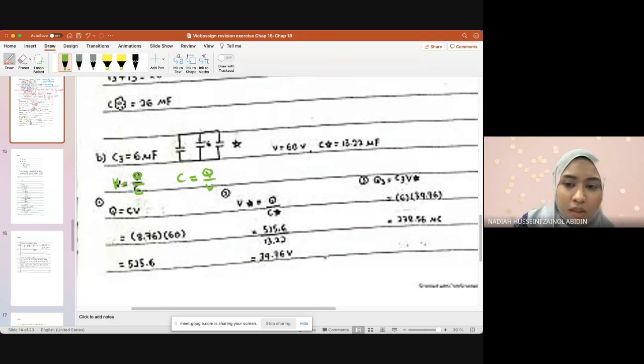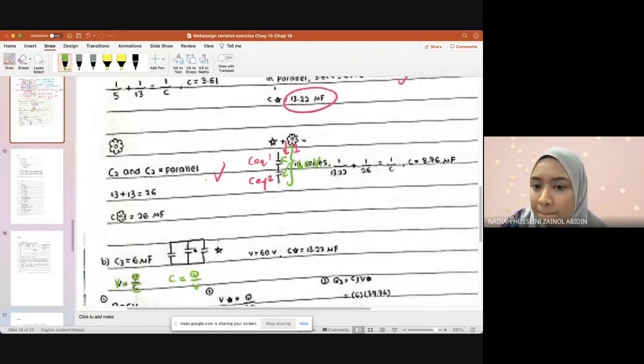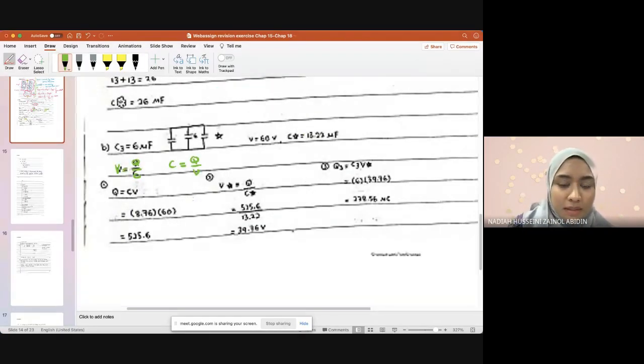So C is 8.76. Where did Azmina get the 8.76 times 60? Where is 8.76 from? Oh, it's over here. Oh, the C equivalent, sorry. The total. C total, we call it C total. Okay, so Azmina said the C equivalent or C total for the whole circuit is 8.76. Sorry, the resolution is bad here. Okay, so 8.76 micro times 60.